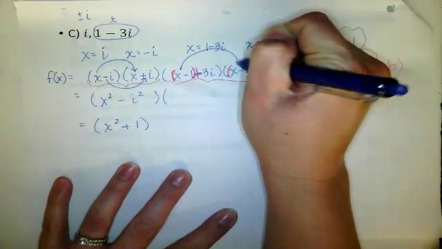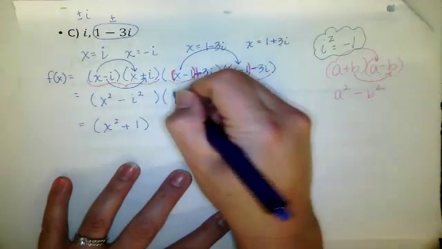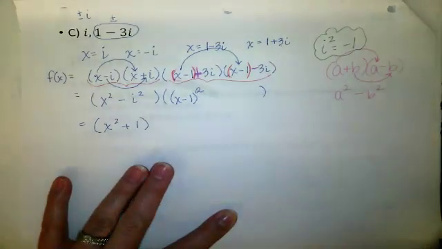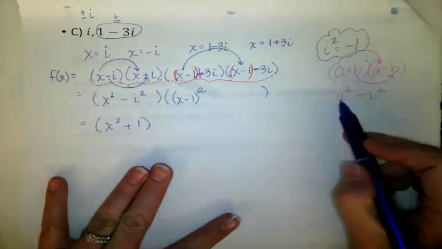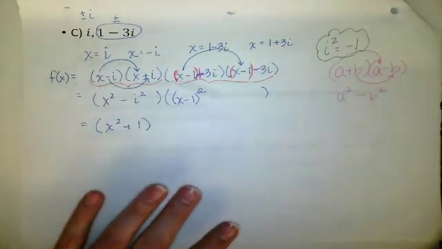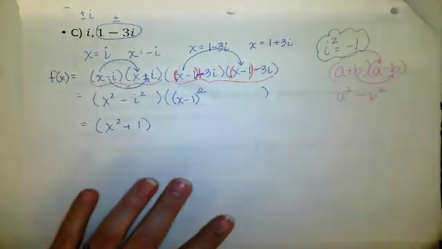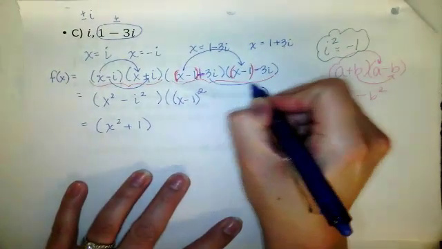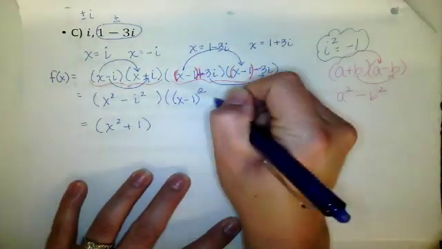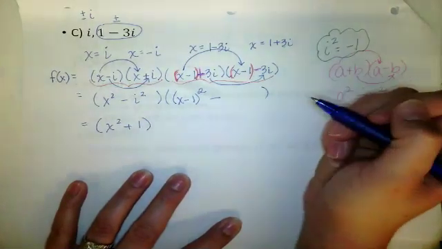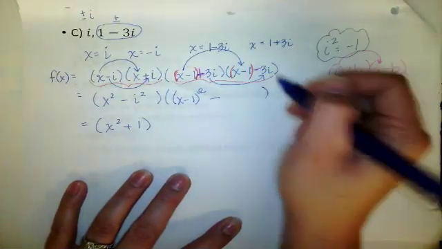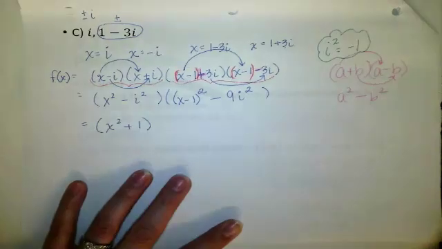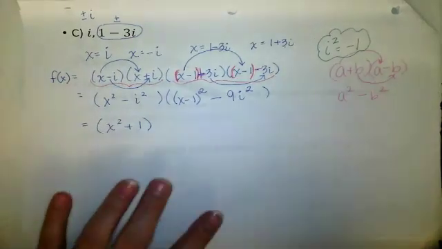So let's do this. First times first. Oh, careful. X minus 1 quantity squared, just like A is being squared. It's whatever that first thing is squared. And then last times last is going to be negative. What's 3i times 3i? 9i squared, which will turn to positive 9.